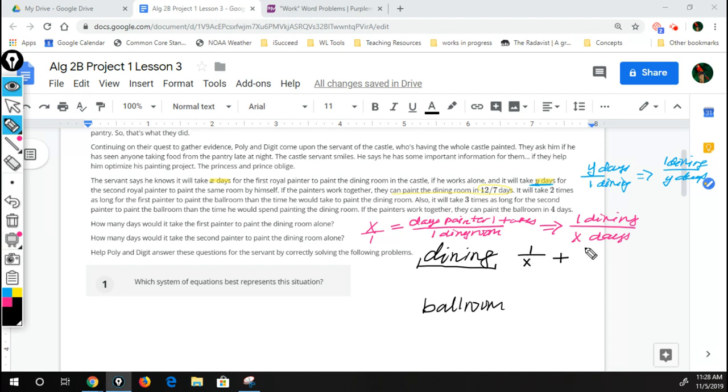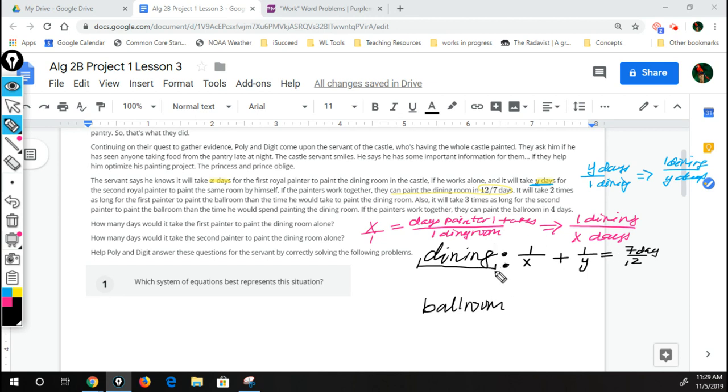And he's working together with the second, who works at his own rate of 1 dining room per Y days. Y being however many days it takes him. And they are completing that in 7 days, or 7/12 of a day. So that is my equation to represent the dining room.